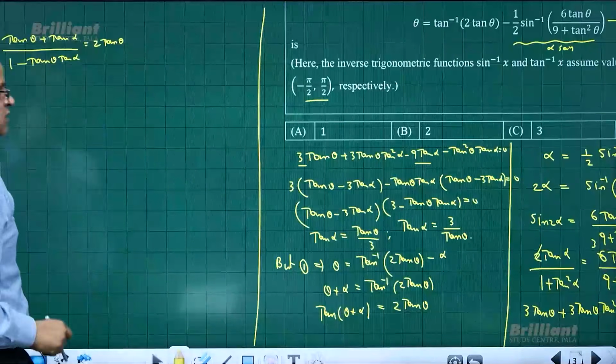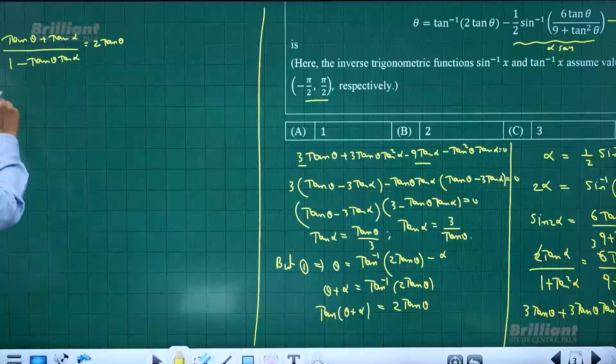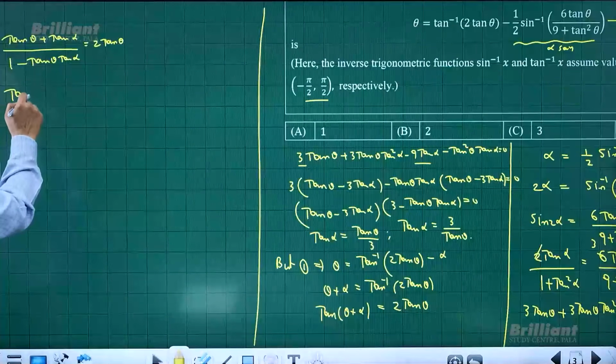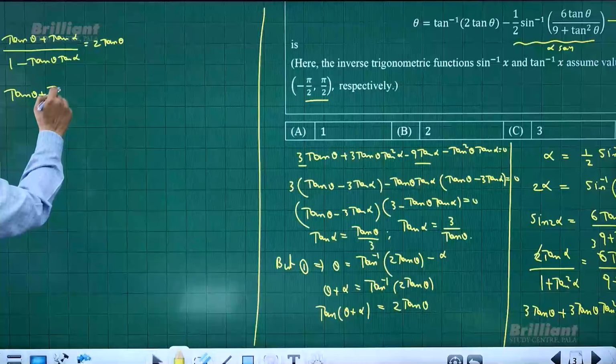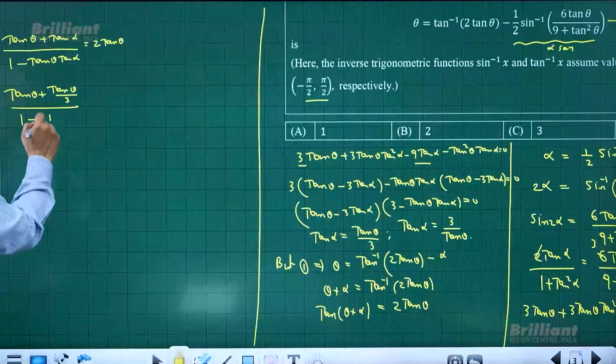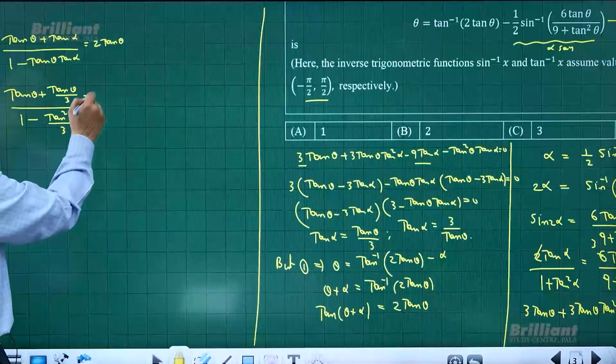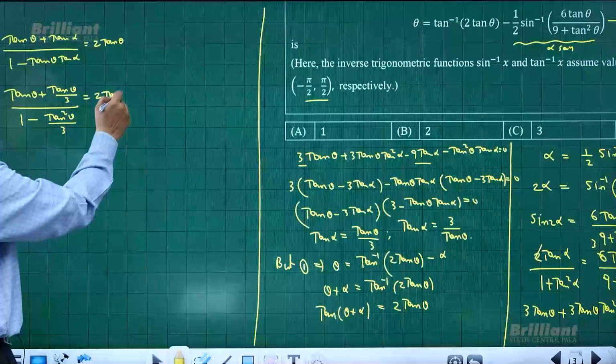Okay, now first we will take tan alpha is tan theta by 3 and substitute here. So therefore tan theta plus tan theta by 3, whole by 1 minus tan square theta by 3 is equal to 2 tan theta.